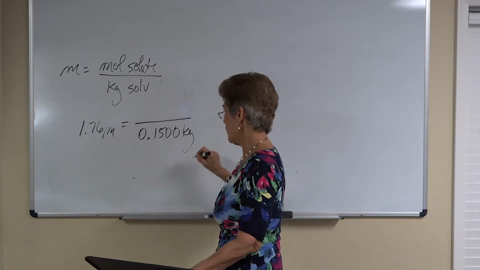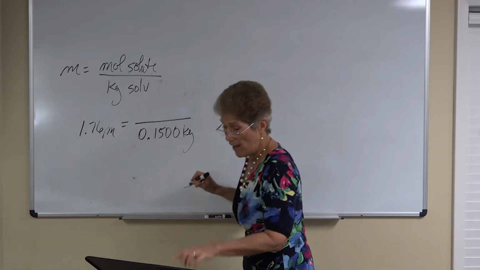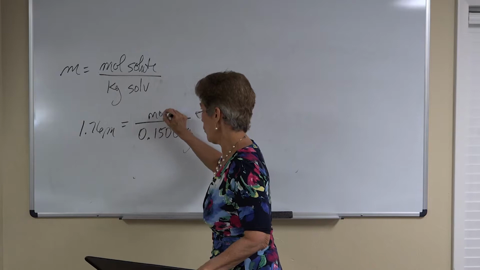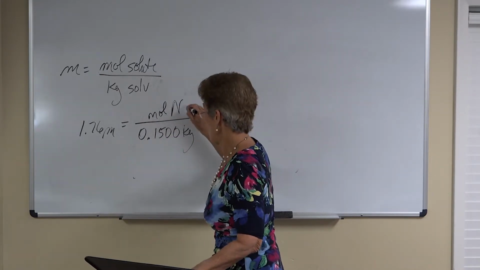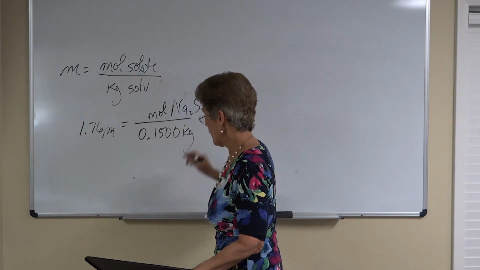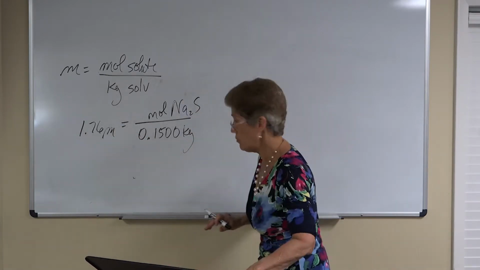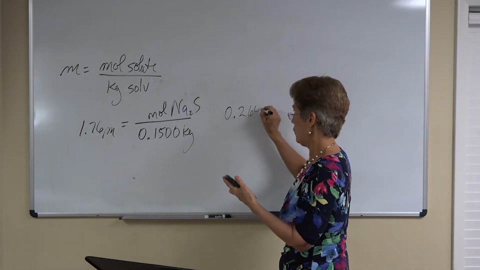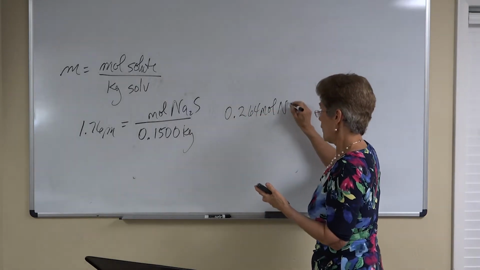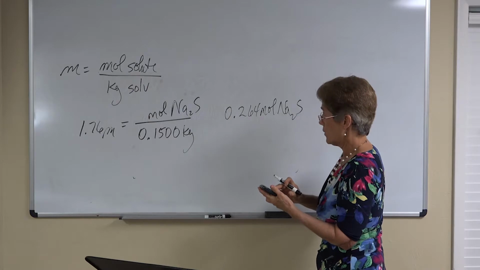So it's that many kilograms of water, and that will tell us the moles of sodium sulfate. So we go ahead and multiply those 2 numbers. That gives me 0.264 moles of sodium sulfate.